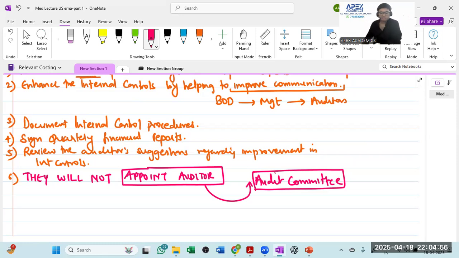Sir, next. With respect to board of directors, we have one very important chart that we have to draw, and that is the last concept of board of directors. If we do this much, our board of directors as a concept is going to be thoroughly ready. Let us pay attention to board of directors.